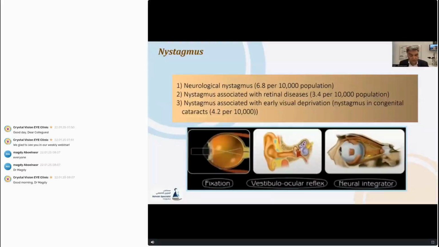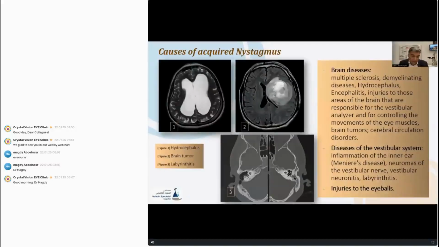For example, nystagmus caused by cataracts is 4.9 cases per 10,000 population, and nystagmus associated with a disease is 7.6 per 10,000, the type of nystagmus treated by eye doctors. So that's the statistics.